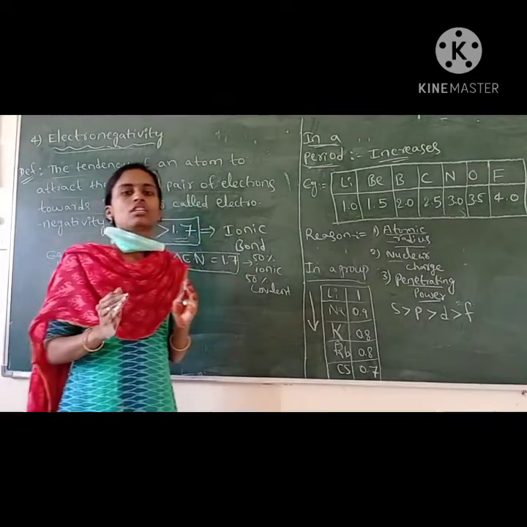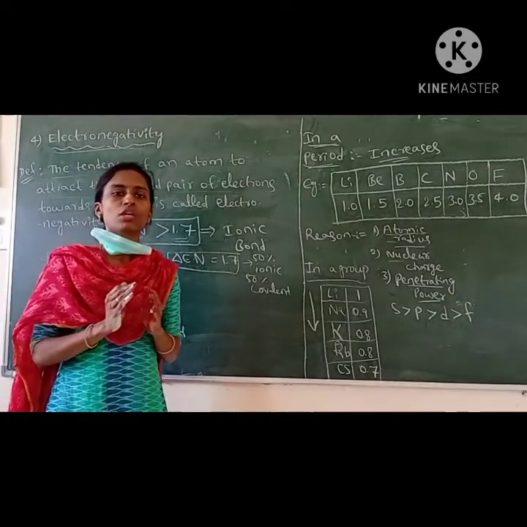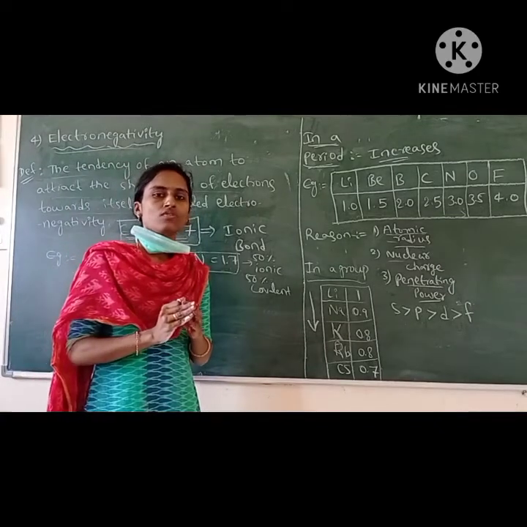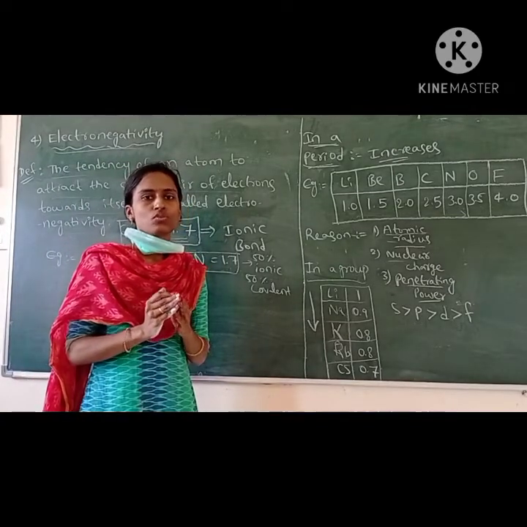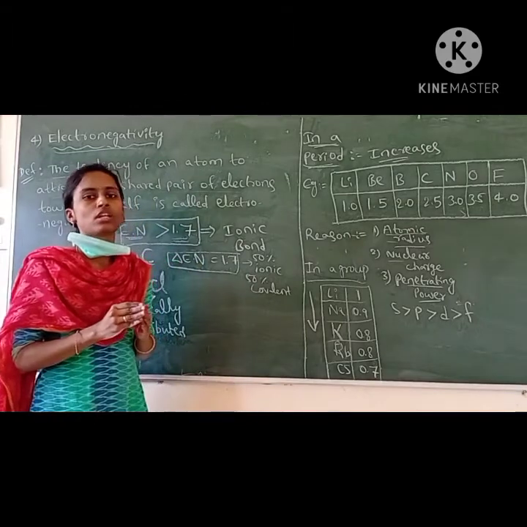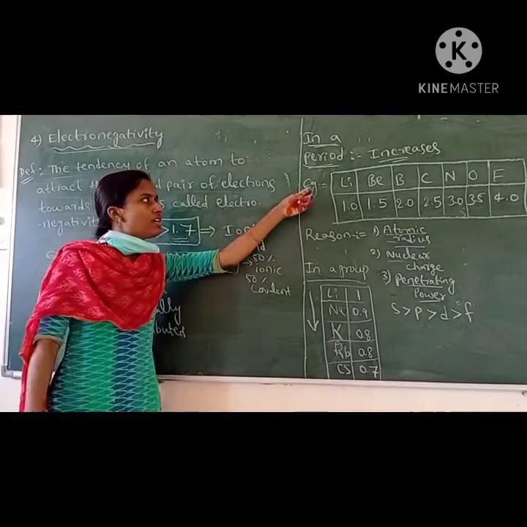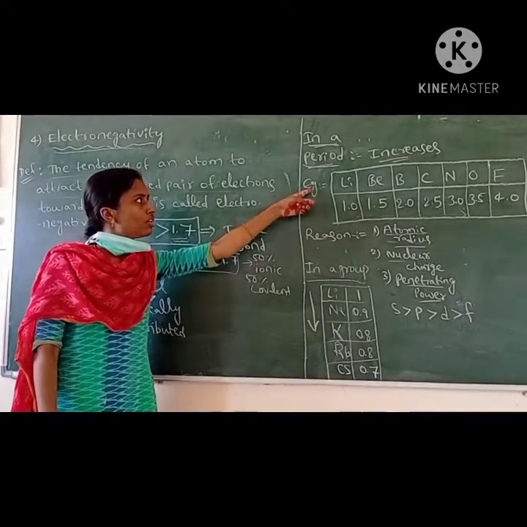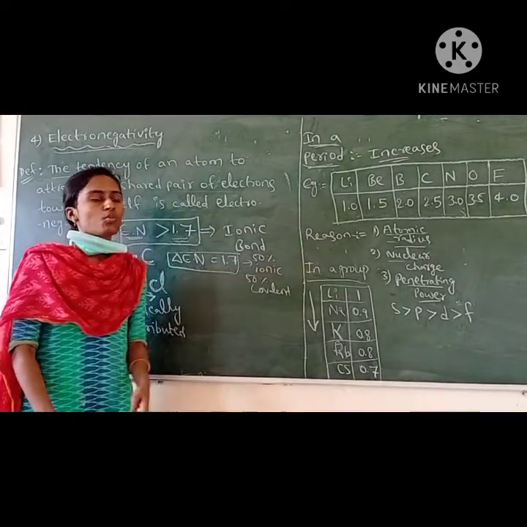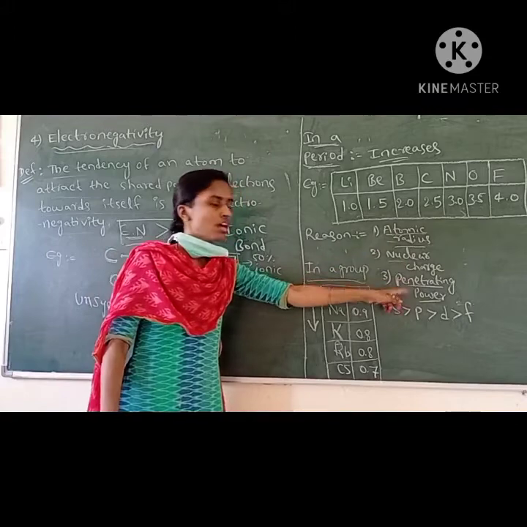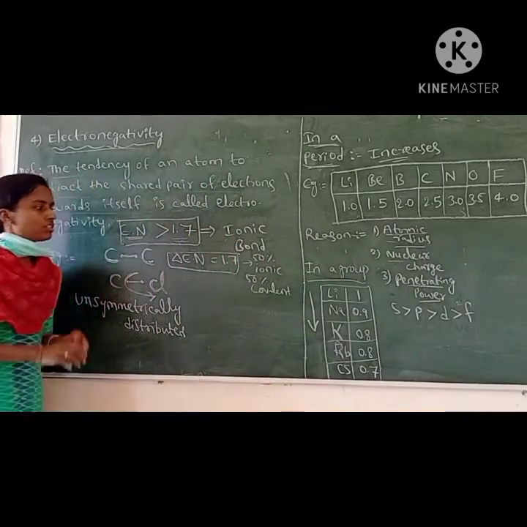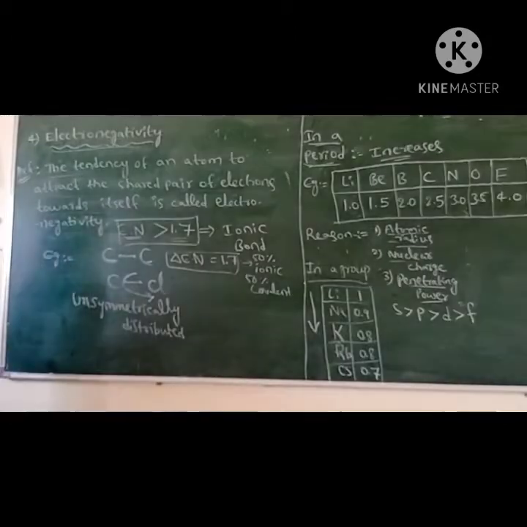If size increases, then nuclear charge effect decreases. If nuclear charge decreases, it means positive charge decreases, so electronegativity also decreases. So these are the trends of electronegativity in a period and in a group, and these are the factors affecting the electronegativity. So this is the property of electronegativity.